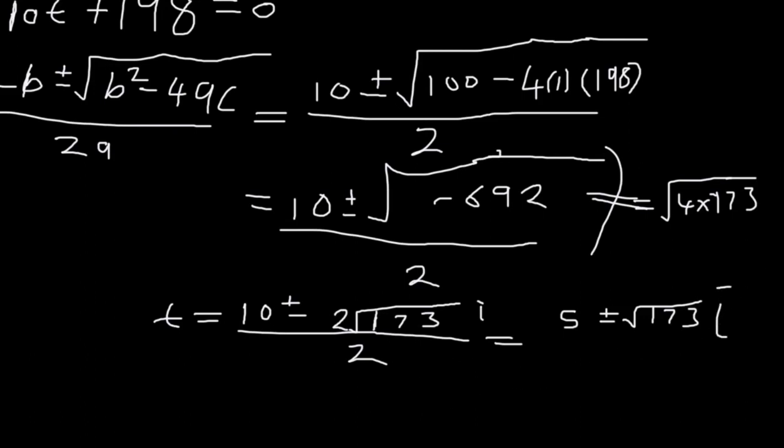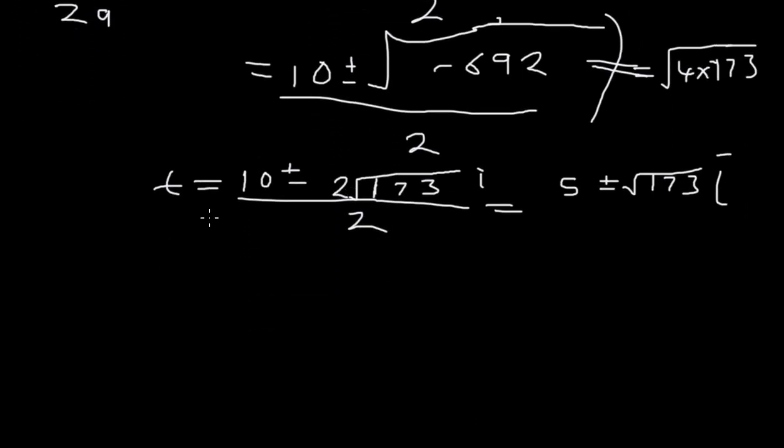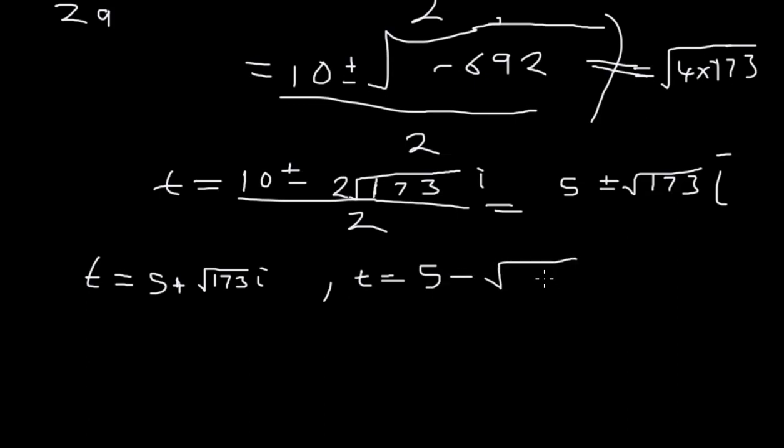So meaning the values of t are imaginary numbers, complex numbers, which are t being equal to 5 plus the root of 173i, and t is equal to 5 minus the root of 173i.